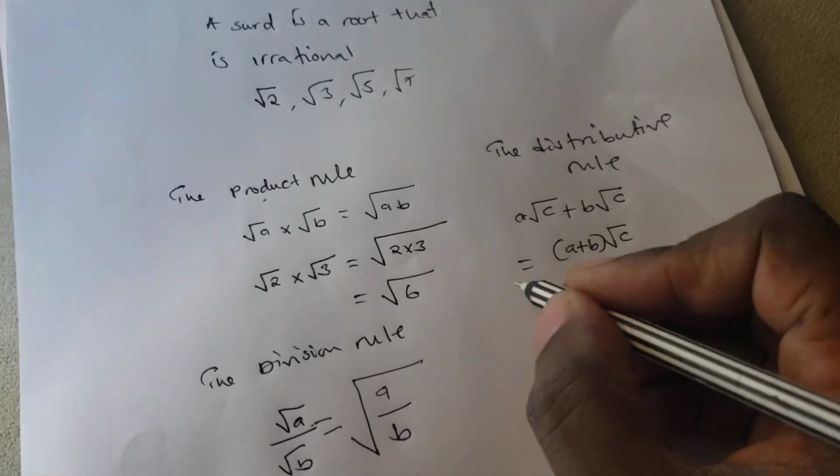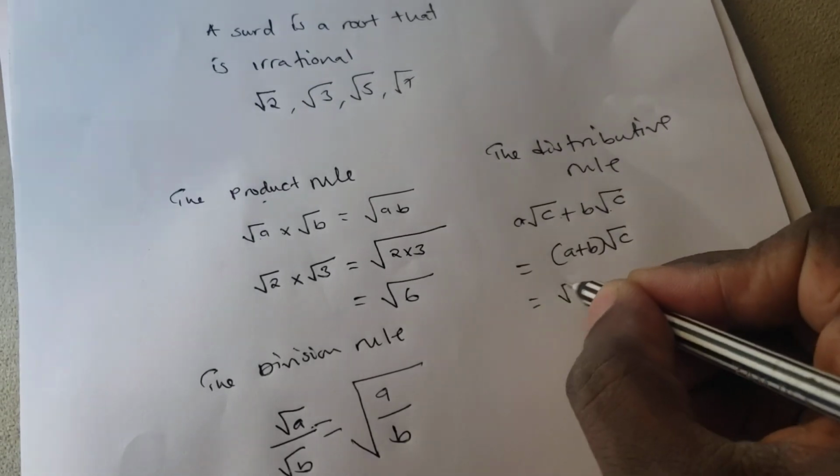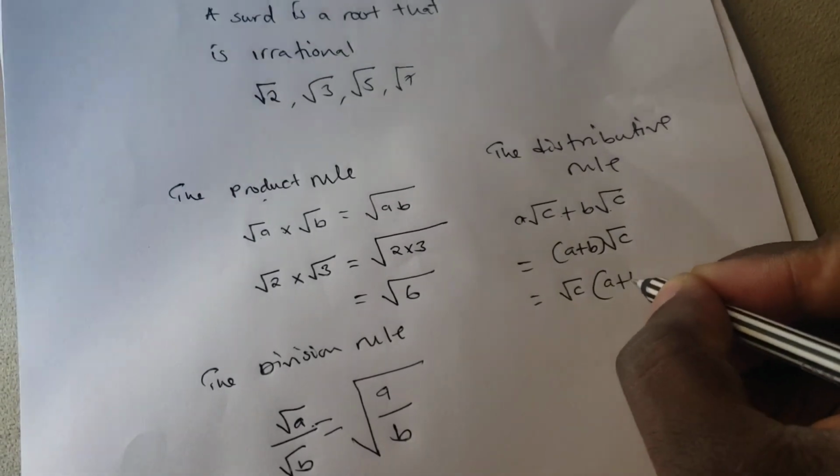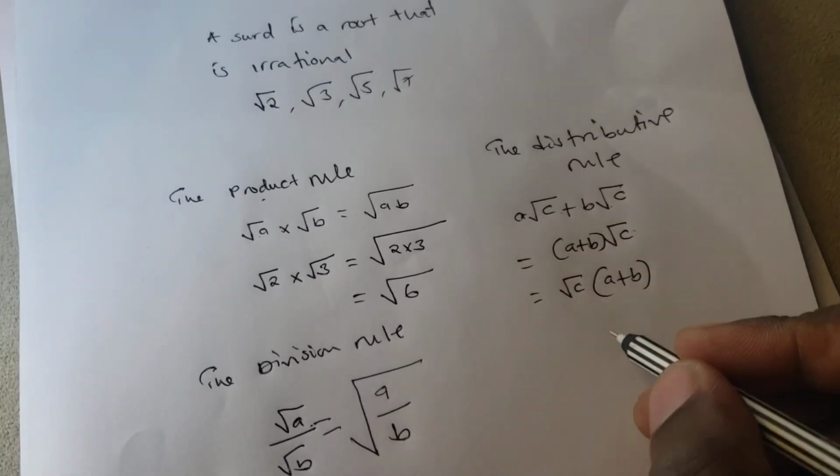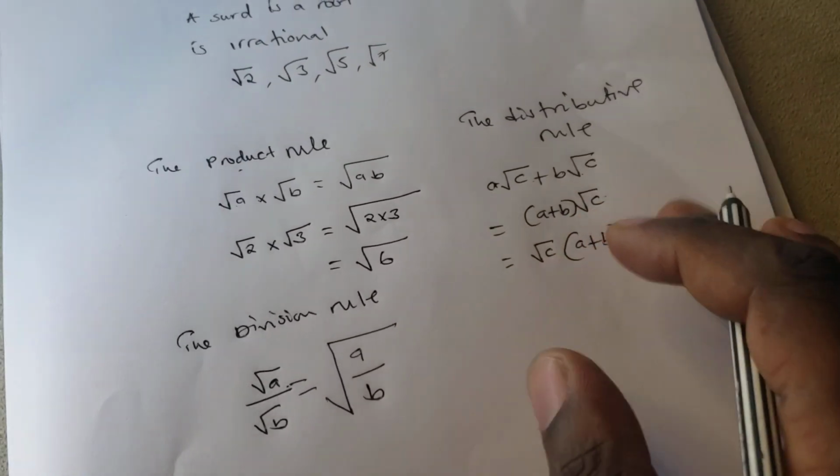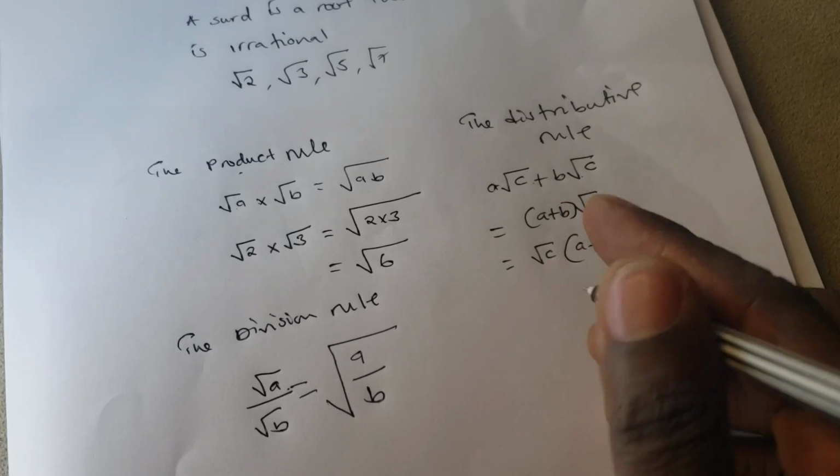It is also right to say root C, open bracket, A plus B. This and that are one and the same.